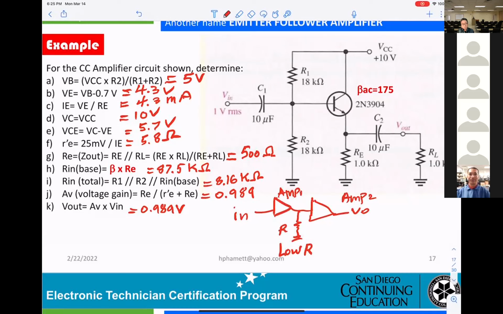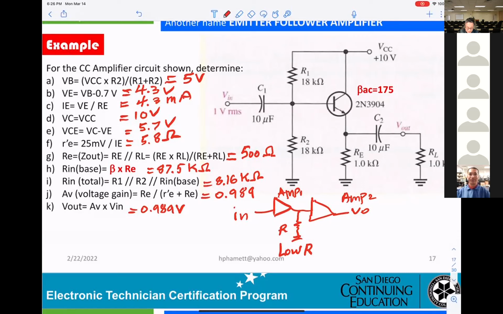The output of amplifier 1 would be affected by the input resistance. Exactly. When you get a low input impedance, they will be loaded down. That means the output may be 10 volts, however, you get a low input impedance from the next one. They will be pulling the 10 volts going down. That's what the low input impedance does.